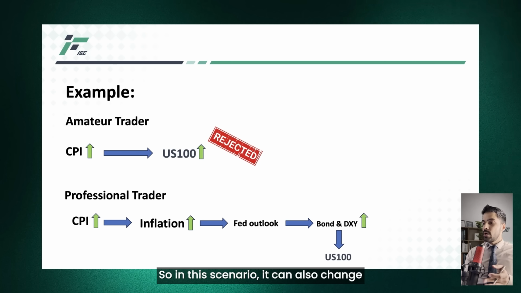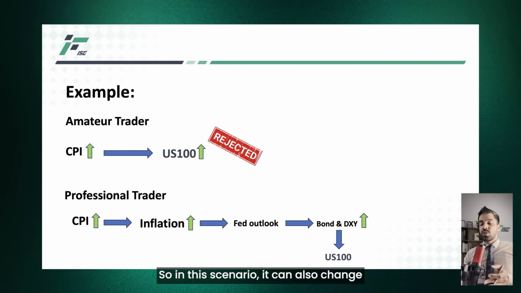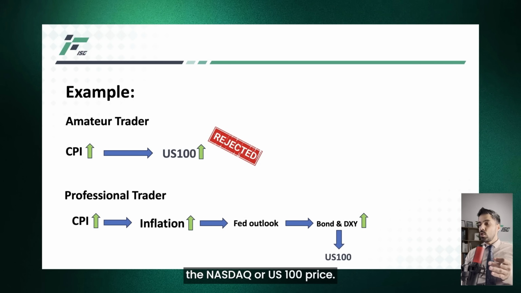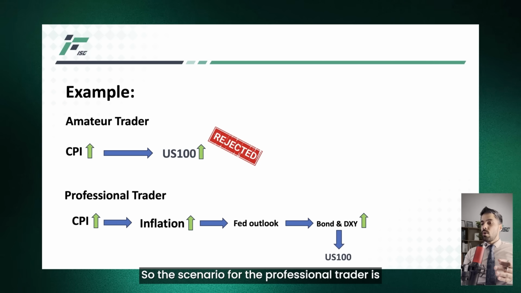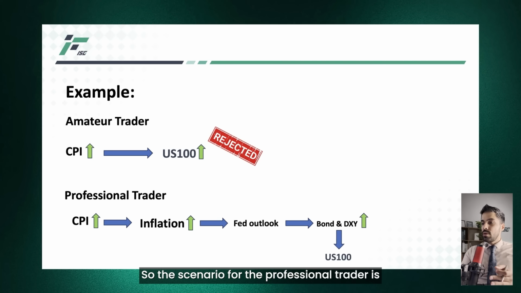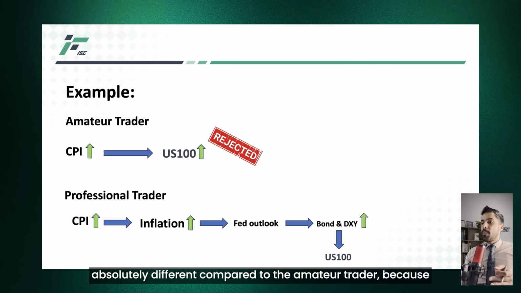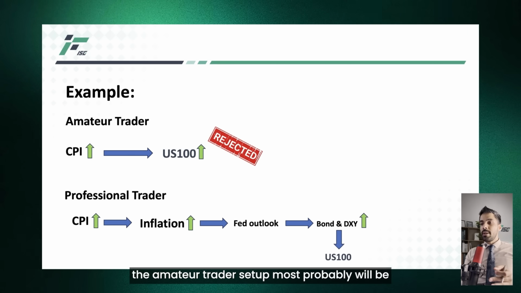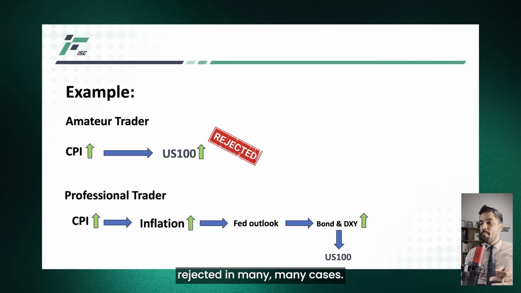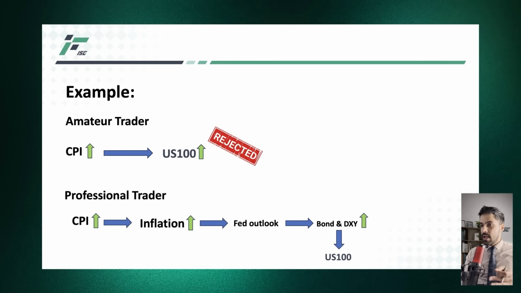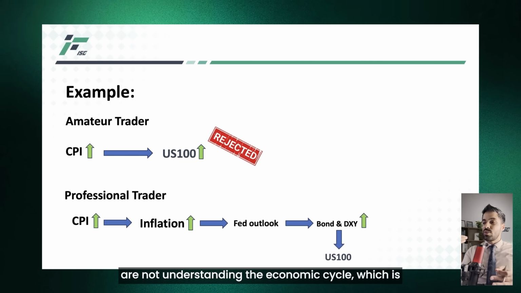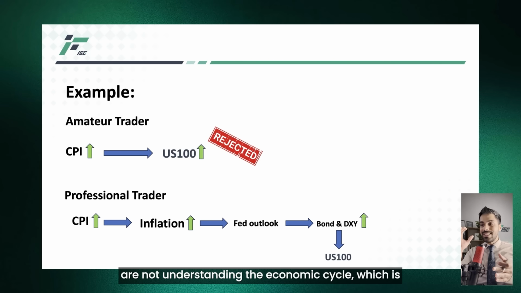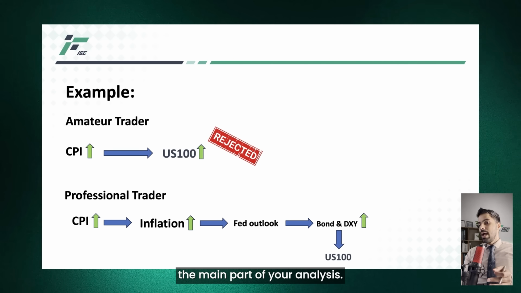So in this scenario, it can also change the NASDAQ or US 100 price. So the scenario for the professional trader is absolutely different compared to the amateur trader, because the amateur trader's setup most probably will be rejected in many cases, because you are only trading numbers and you're not understanding the economic cycle, which is the main part of your analysis.